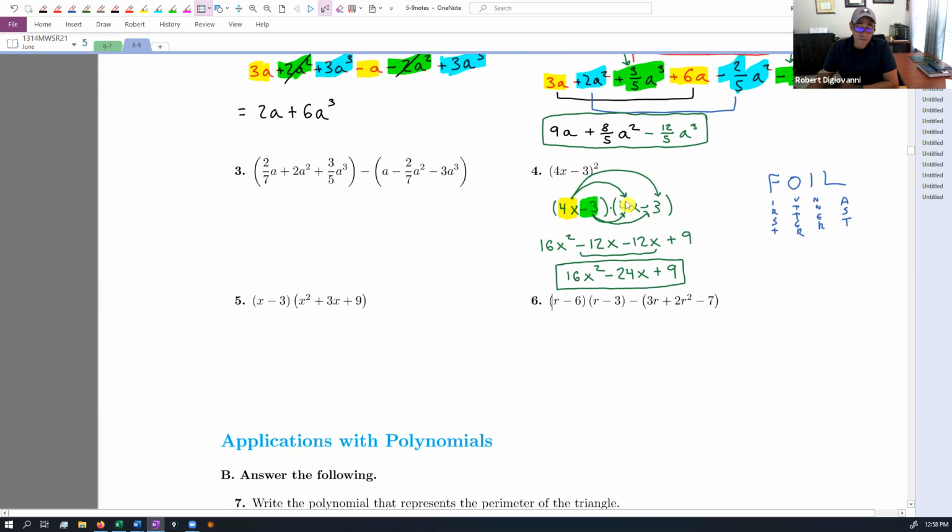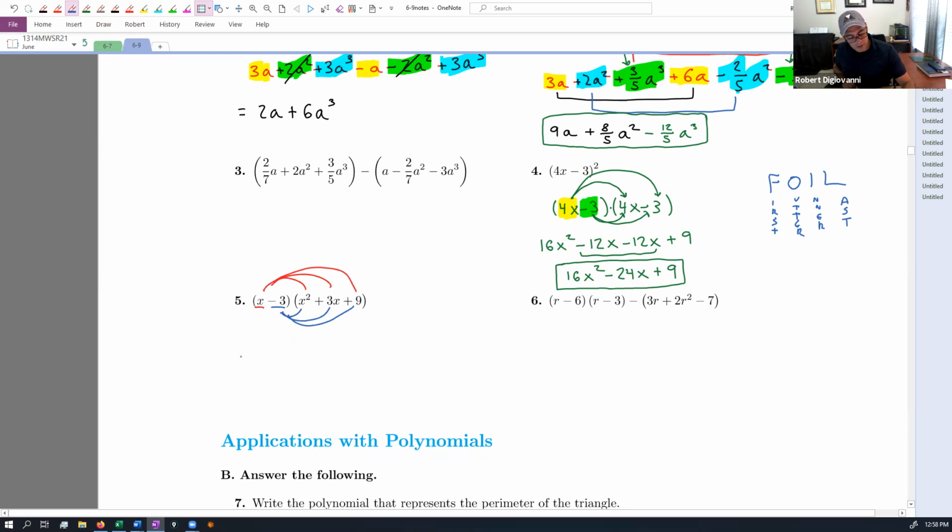So again, if you like FOIL, use FOIL, but look at number 5. If I do number 5 using the same procedure I just showed you, you're going to start with the x, hit through the parenthesis, then move to the -3 and distribute through. When we do that, we're going to have a total of 6 things multiplied.